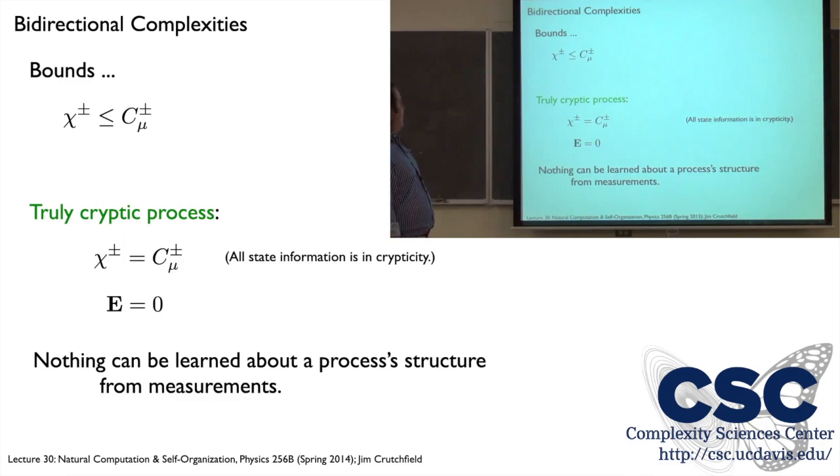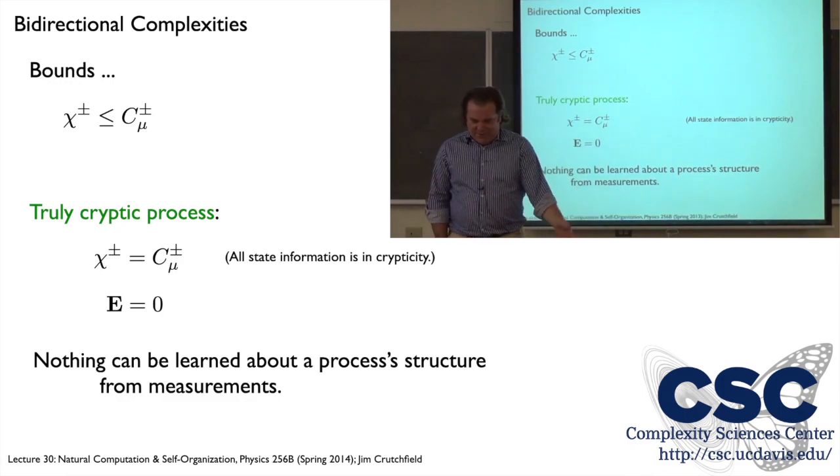Final bounds. We're just drawing out consequences, trying to see what we can understand about this bidirectional machine. The bidirectional crypticity is always less than the bidirectional state information. A truly cryptic process, calling on our previous discussion of cryptic processes, would be where E is equal to 0, which would mean the state information is equal to the bidirectional crypticity. But that was this peculiar limit I just talked about.